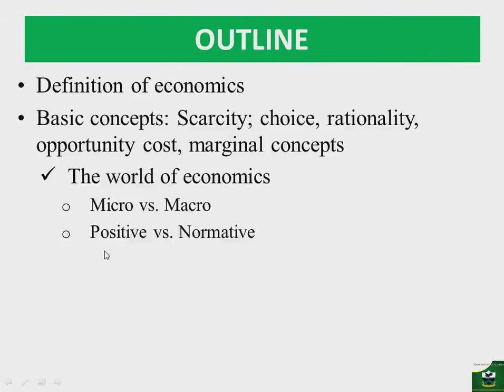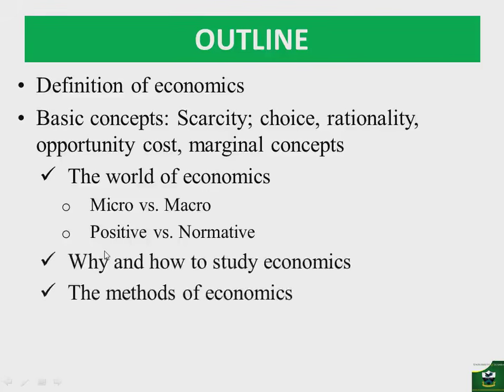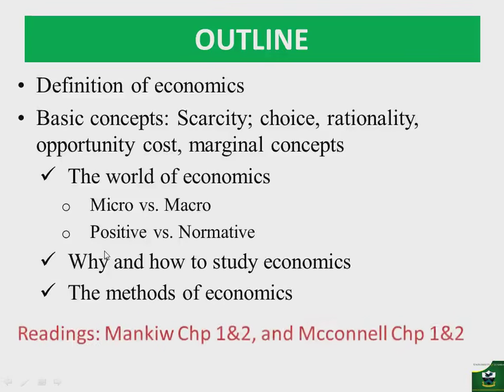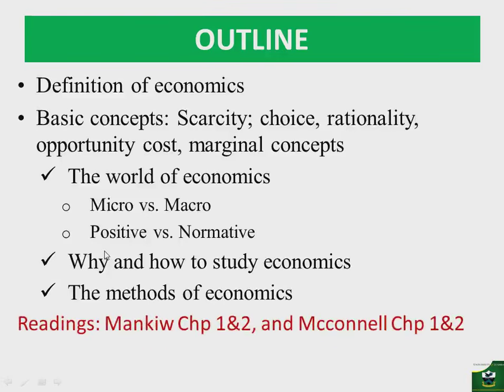We will also distinguish between positive economics and normative economics. Then beyond this, we're going to look at reasons why and how to study economics, as well as the methods that are used in economics. For further reading, you can check Mankiw chapters 1 and 2, and McConnell chapters 1 and 2.